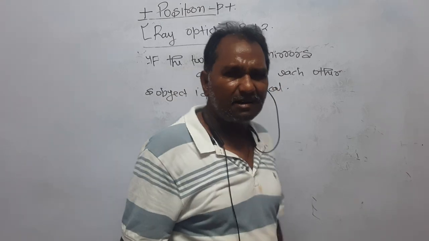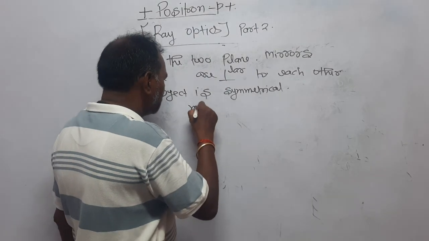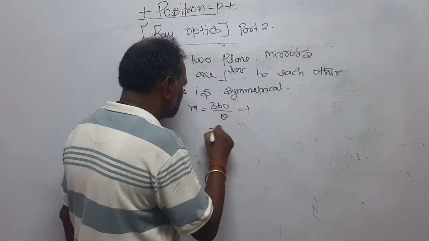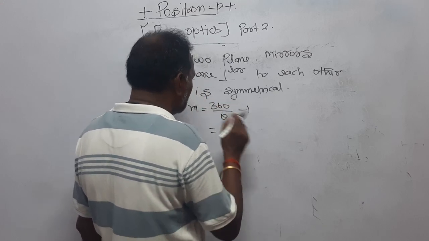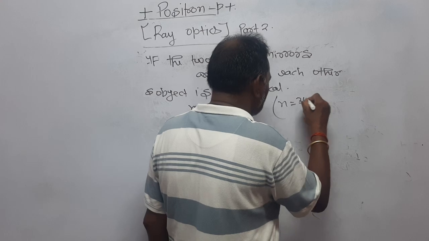First, let's test from our formula how many images will be made. N is equal to 360 over theta, and the number of images is N minus 1.